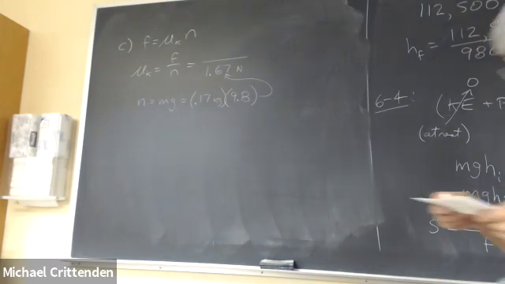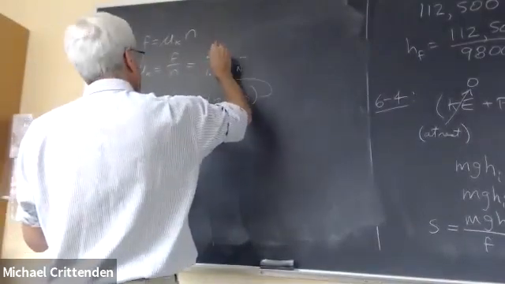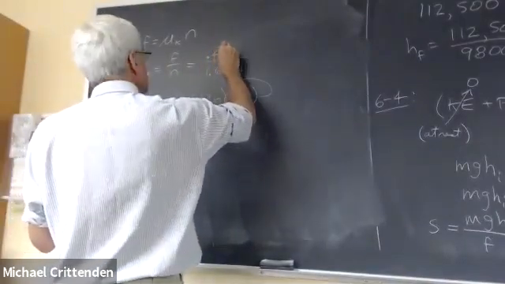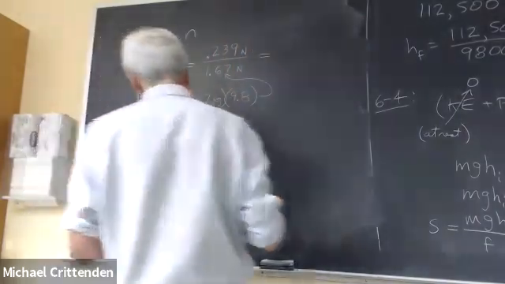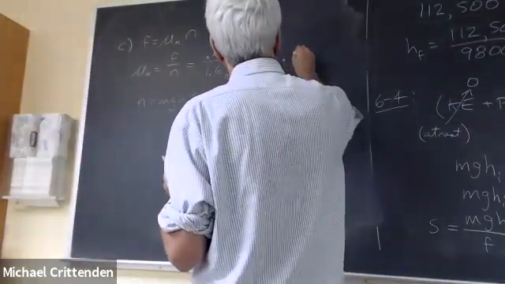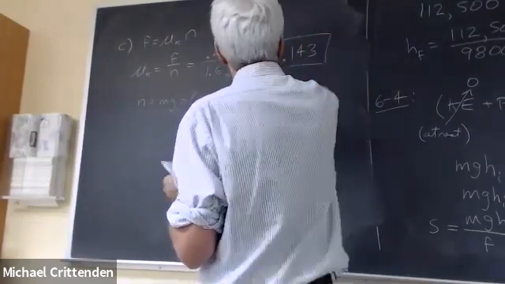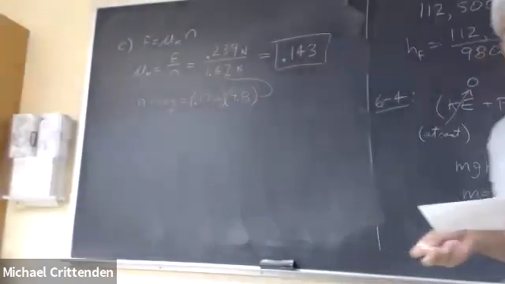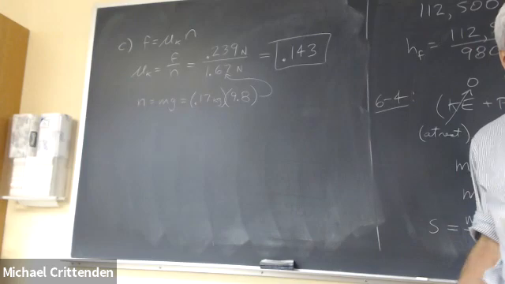So we've got the normal force, we've got the friction force from the previous part. Newtons over newtons cancels out. Friction coefficient is a dimensionless number.